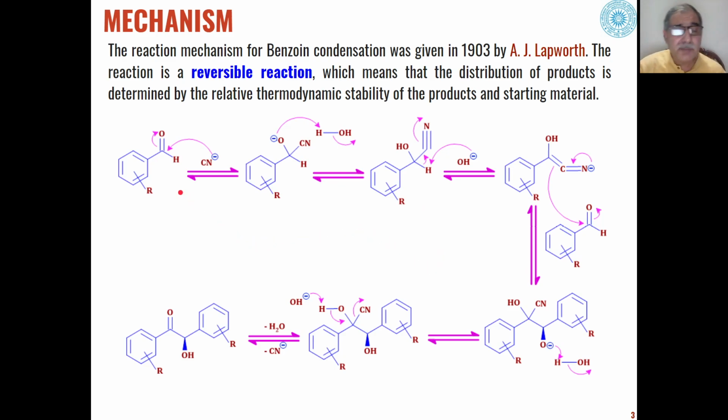So here what happens is, in the first step, the cyanide ion acts as a nucleophile and attacks this electrophilic carbon which is attached by a double bond to this oxygen, and this leads to the formation of these types of intermediates. So cyanohydrins are formed as intermediates when cyanide ion reacts with the aryl aldehyde.